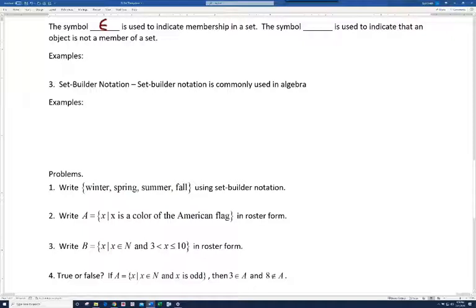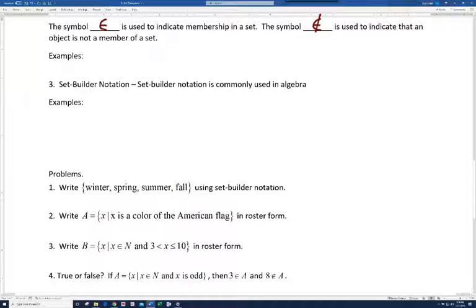That's why I'll tend to focus on the word element. But member is another word that we use to indicate membership. The symbol, that's this one here, which means not an element of, is used to indicate that an object is not a member of a set.